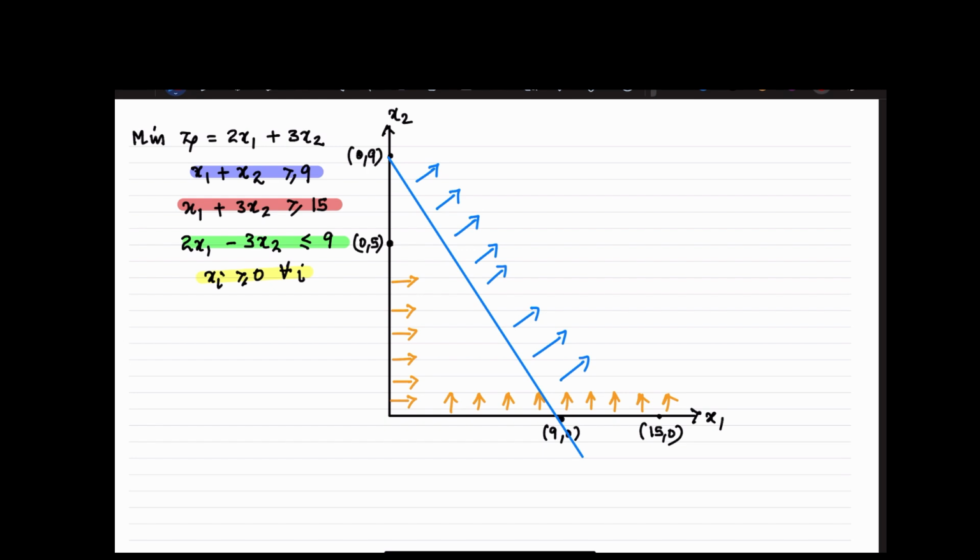The red constraint passes through this. Where to stay? If you put the point 0 comma 0, so 0 plus 3 into 0 is 0. So 0 plus 0 is greater than or equal to 15. Again, this is a violation. So for violation, you go away from the origin. So that means the red says to stay away from the origin.